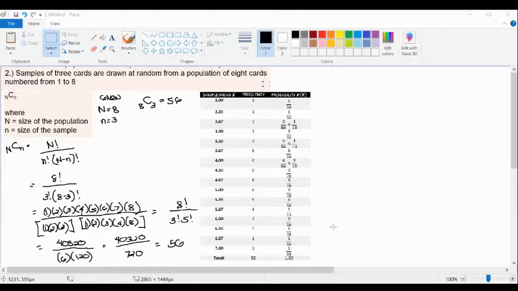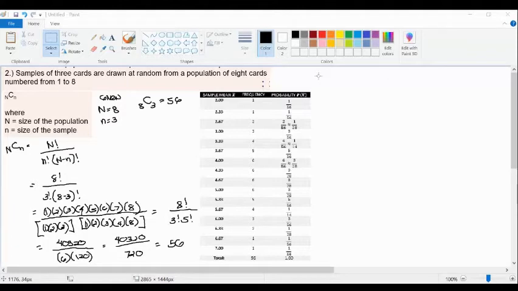For our second step, we're going to construct the sampling distribution of the sample mean. If you remember our first example, we listed all the possible outcomes, computed the sample mean, and then identified the frequency and the probability distribution. I already made the table for this, because doing that by hand would take a lot of time.